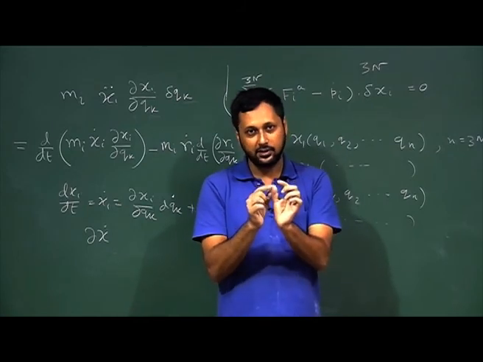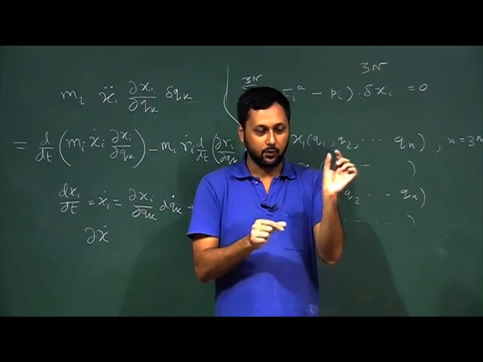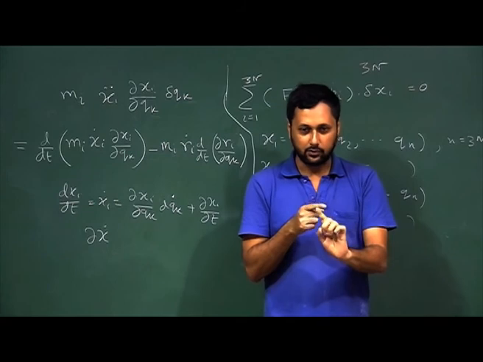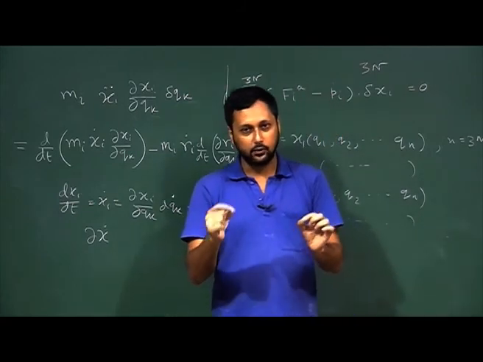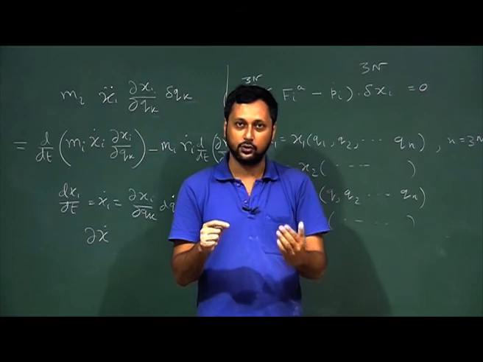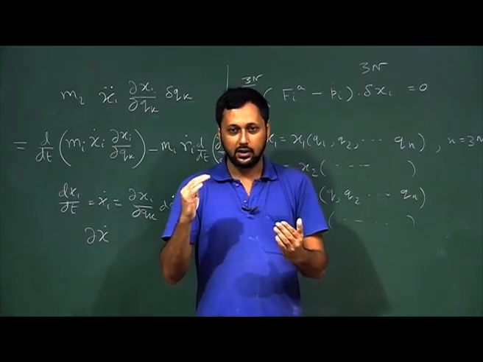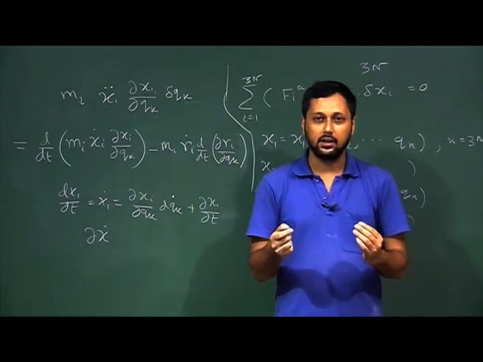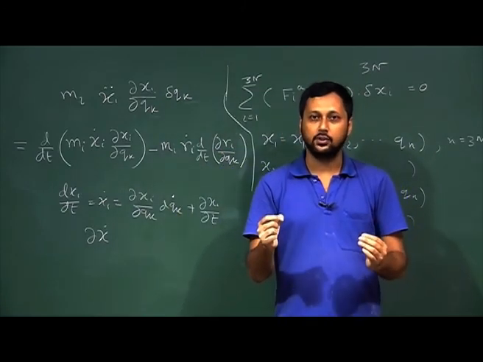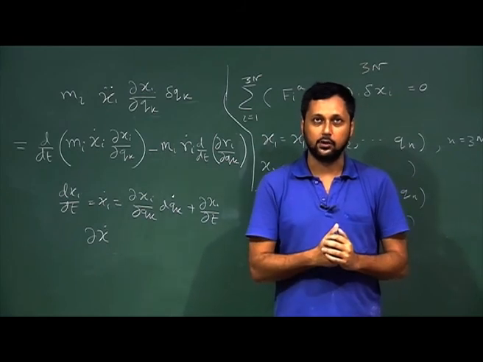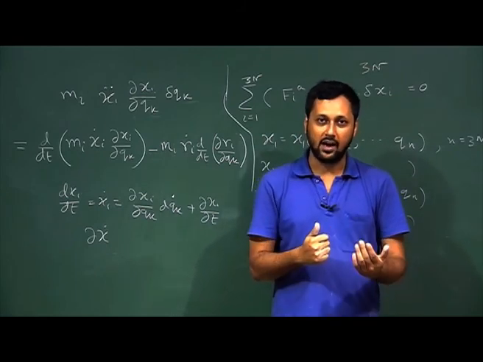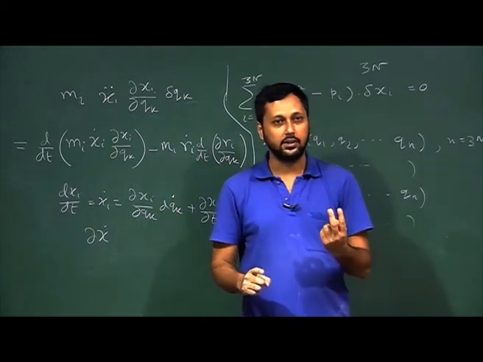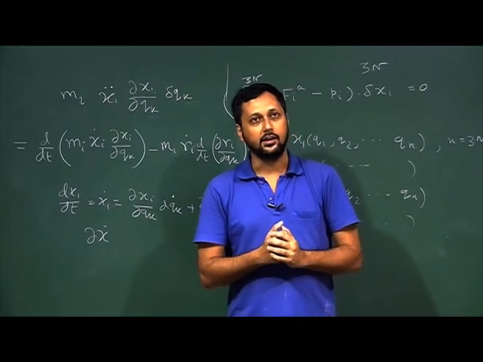A time derivative means a variation in the coordinate divided by a variation in time. It is not sufficient to specify only the position of a particle; to gain full insight you need both position and velocity. That is why generalized velocities and generalized coordinates can be treated as independent of each other.